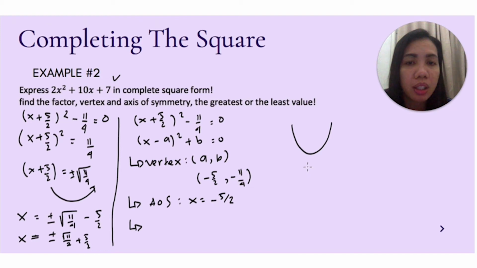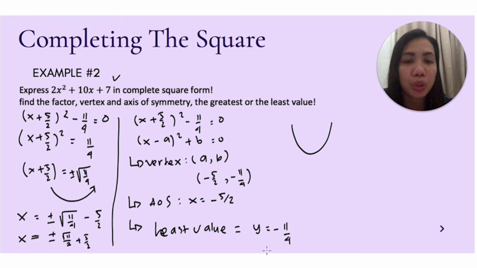Between the greatest and the least value, this parabola has the least value. So the least value is y equals -11/4. So this is the answer for example number 2.